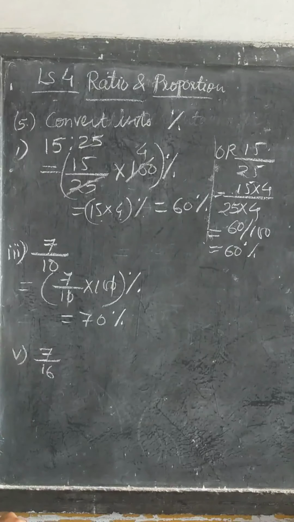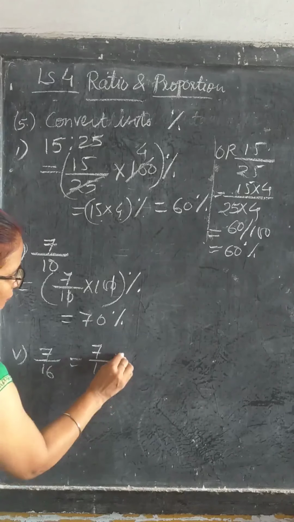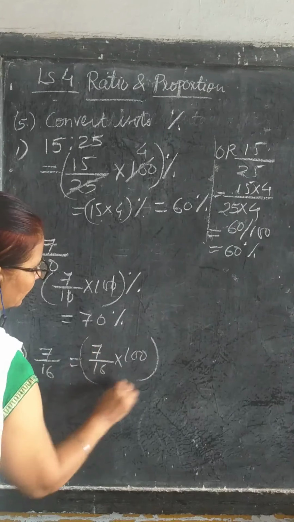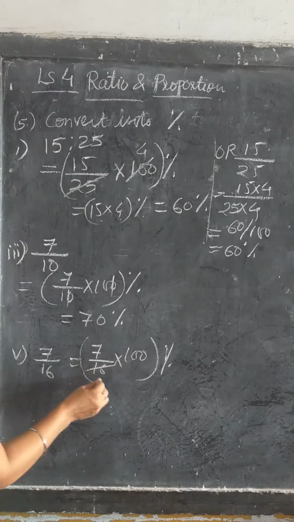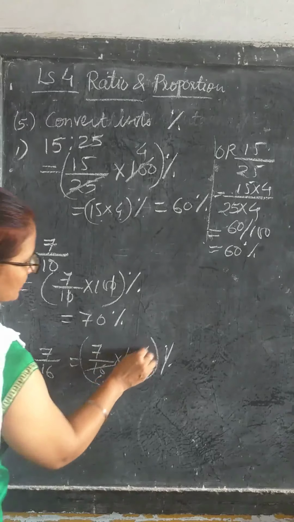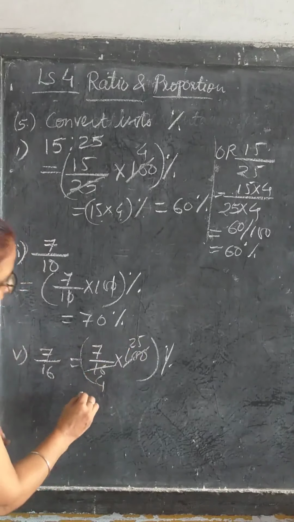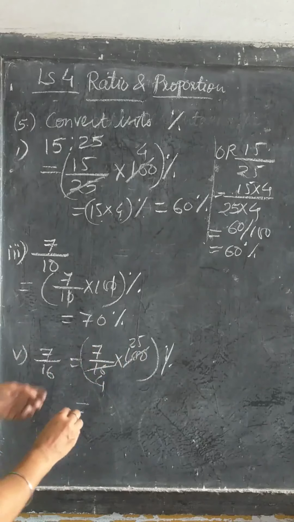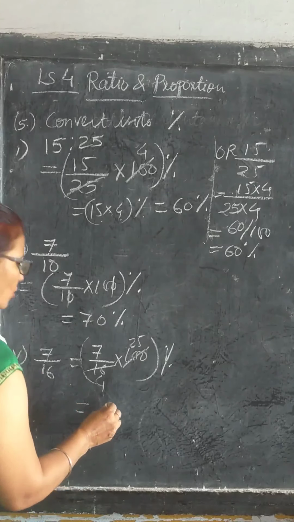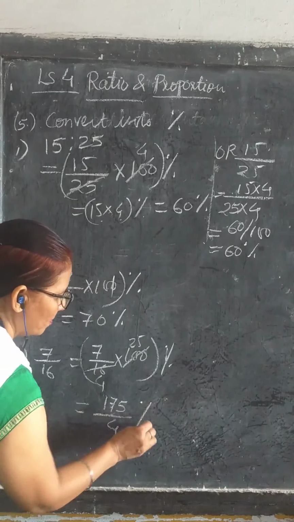7/16. So 7/16 you have to multiply with 100%. Now let's simplify. Here I can divide by 4. 4 fours are 16 and here 25. Now after this it is not divisible, so we cannot cancel it. So let's multiply. 25 into 7 will be what? 175/4%.